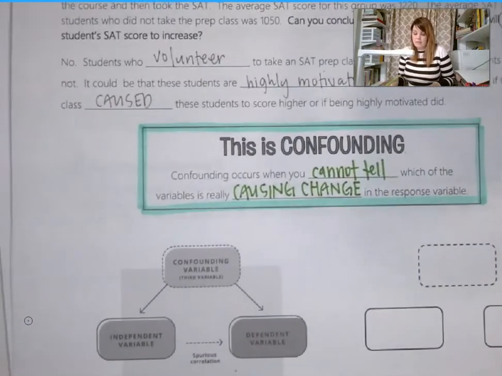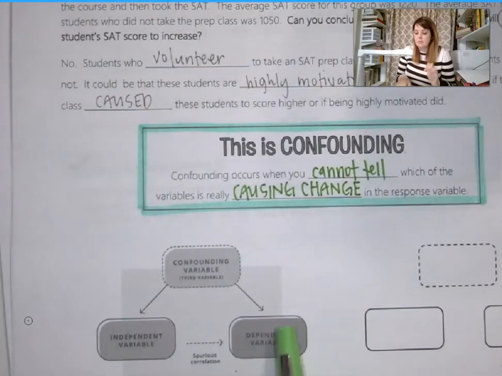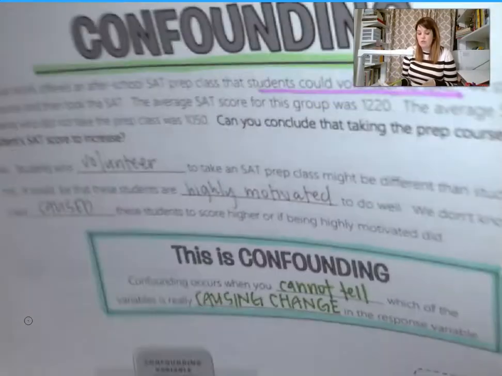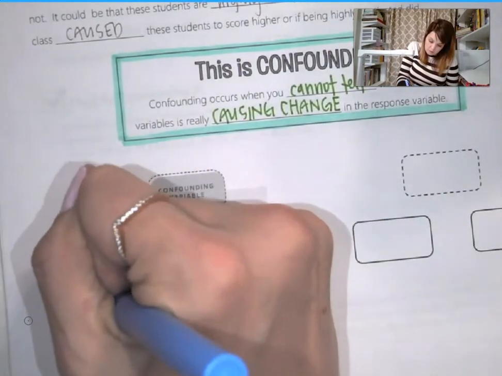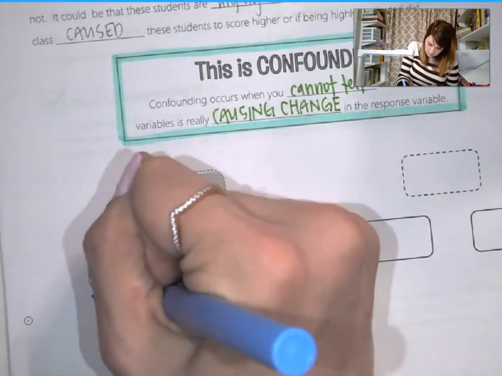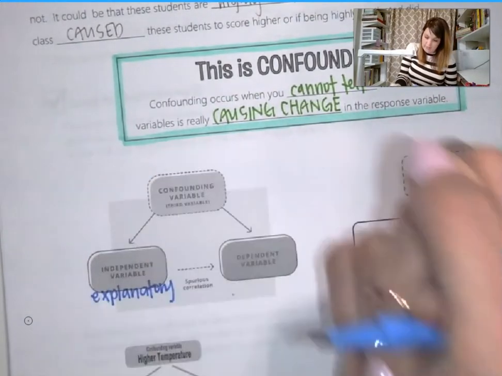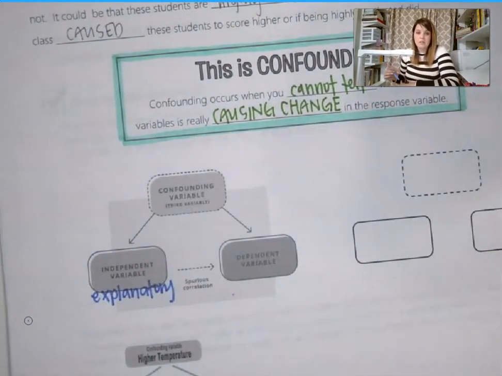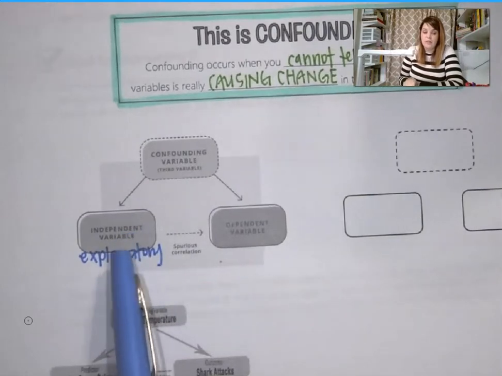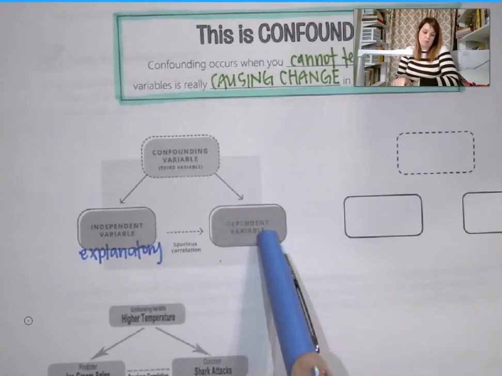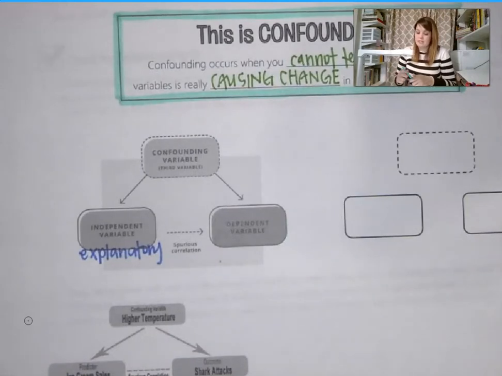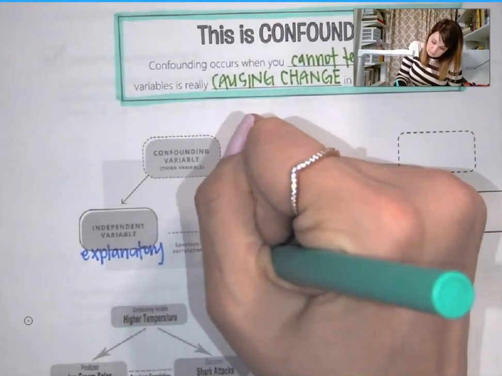And the best way to model confounding is similar to the graphic I drew on the back of our notes. So we have an independent variable, which we often refer to as the explanatory variable. Explanatory because we think it's going to explain what happens in the dependent variable. We often refer to that as the response variable.